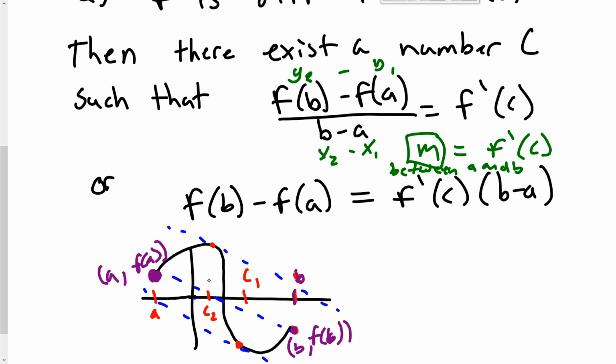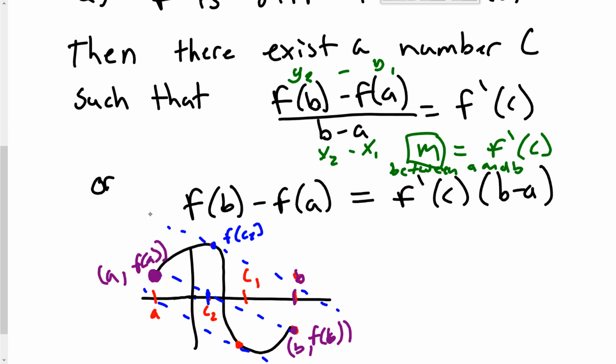Well, what this is saying is that there has to exist some value c, that if I take this value of c, then I can use that value of c and its y value, f of c, and I can go ahead and write the equation for a tangent line.